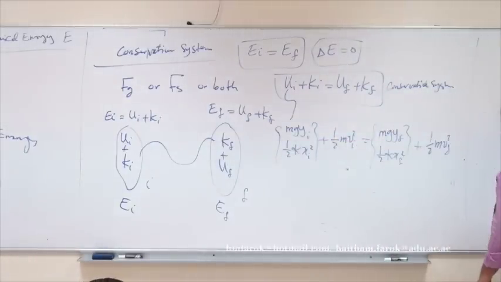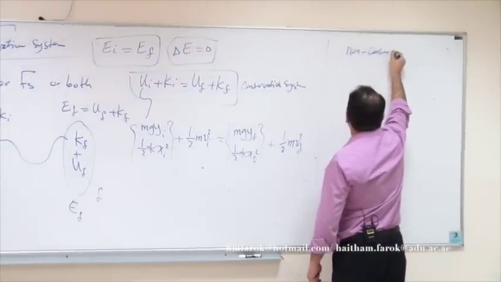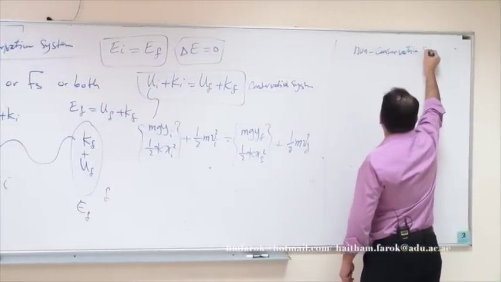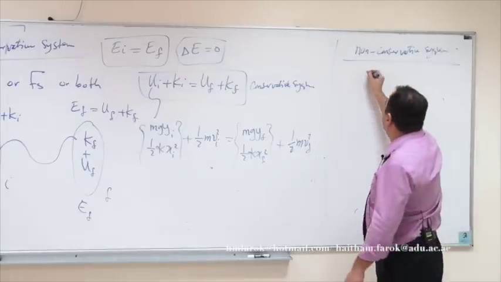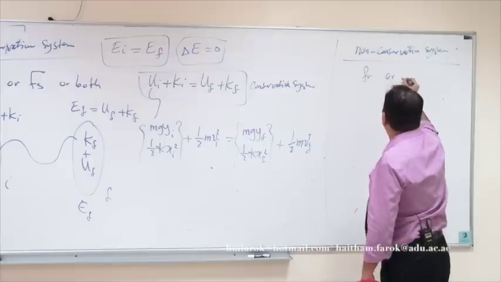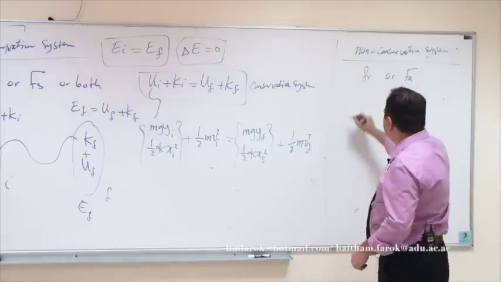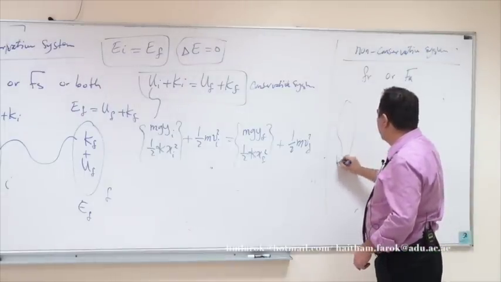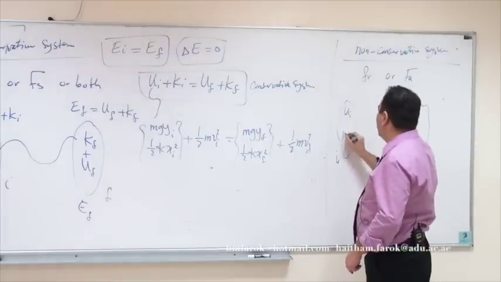Now, what if your system is non-conservative? What does that mean? We have friction or applied force or both, yeah? So in this case, if the system is here initially and here finally, here we have UI, KI.